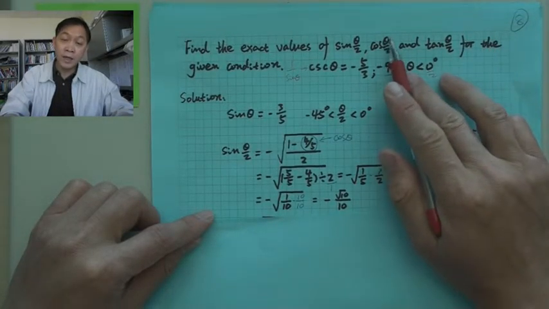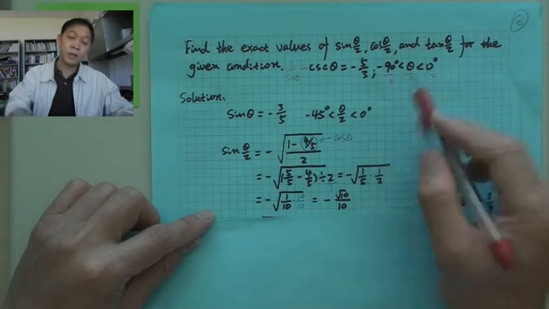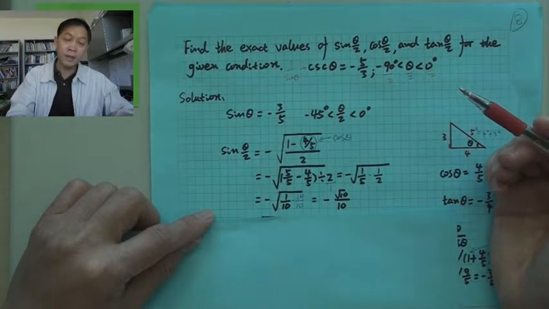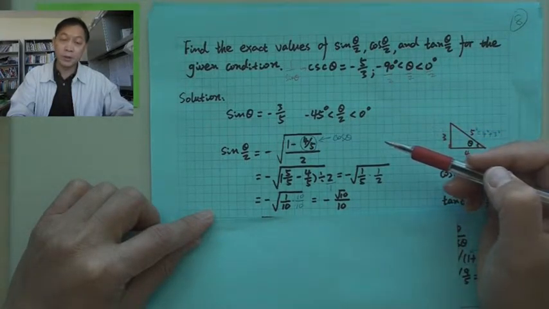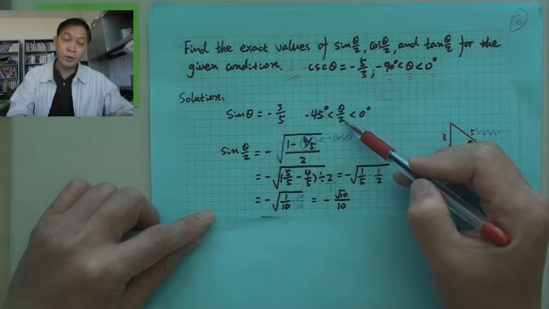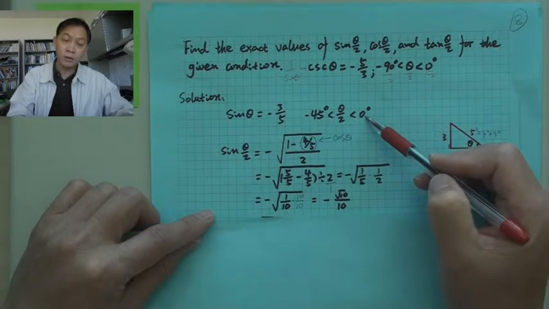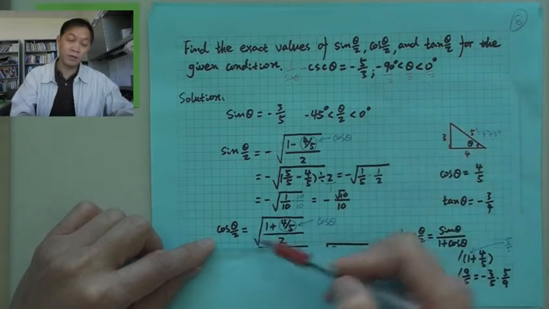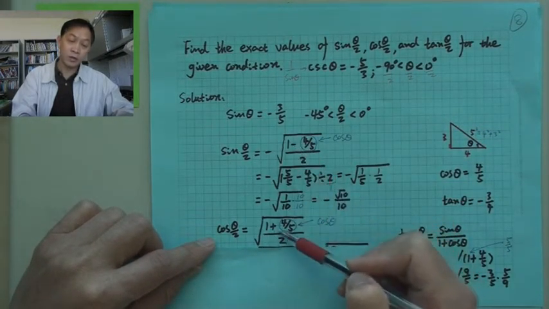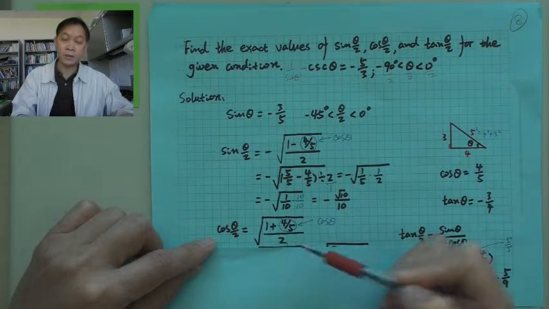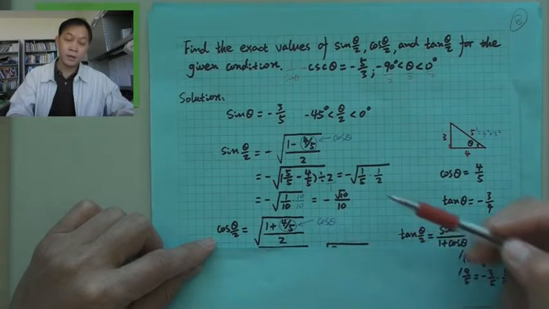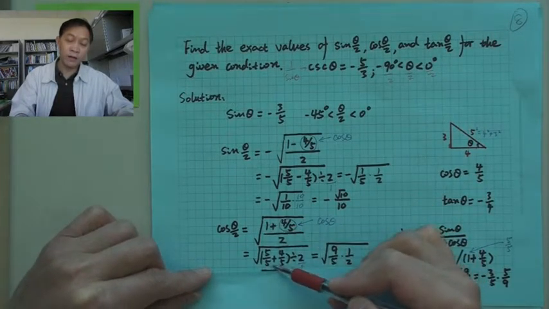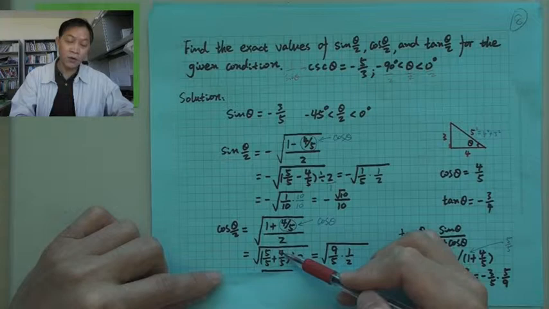Then cosine theta over 2 would be easy now. If it's plus, then you get cosine theta over 2. But theta over 2 is in the fourth quadrant, so cosine theta over 2 has to be positive. And here is plus 1 plus 4 over 5, divided by 2. 1 is actually 5 over 5, so 5 plus 4 is 9.